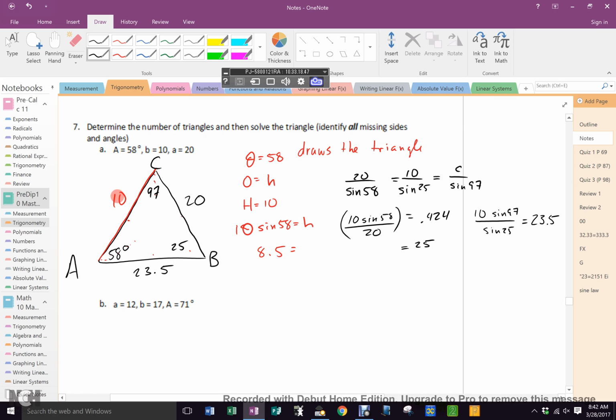Do we have smallest side across from smallest angle? Middle side across from middle angle? And largest side across from largest angle? So did we do it right? Yes. It's the nice thing about trig, it's always easy to check. You never have to wonder if you did it right or not, because you can always look.